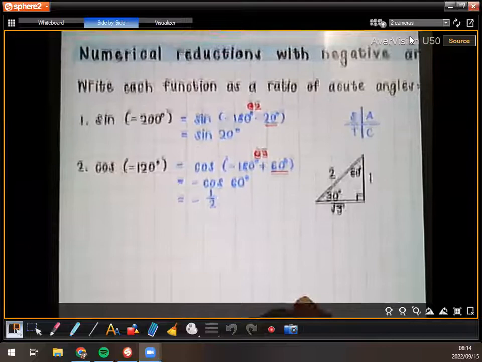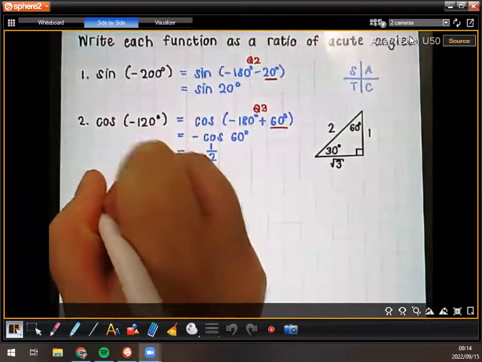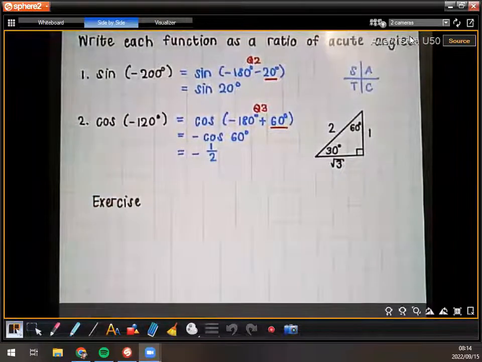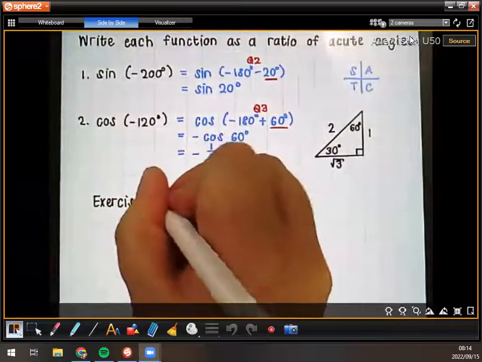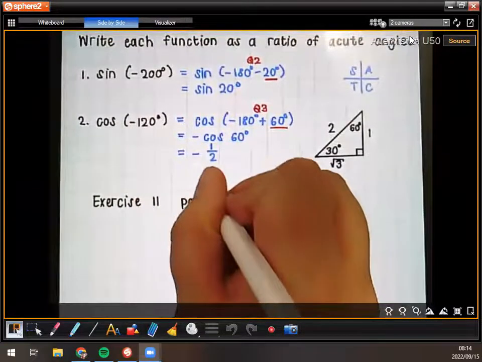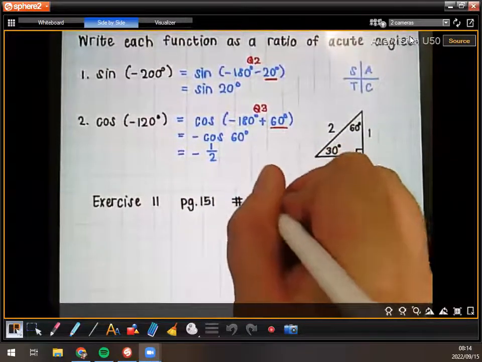I just want you guys to do like 4 of these quickly on your own because then I'm going to move on to something else. And I do want you just to practice these. I'll put it on the board, but it's exercise 11 on page 151. Let's say the first 6.